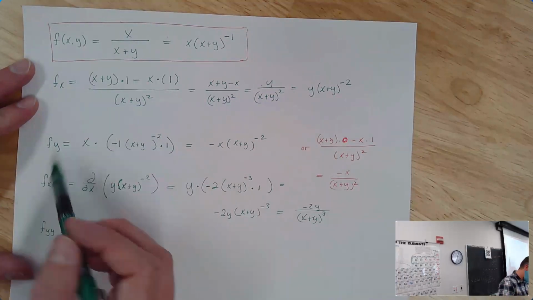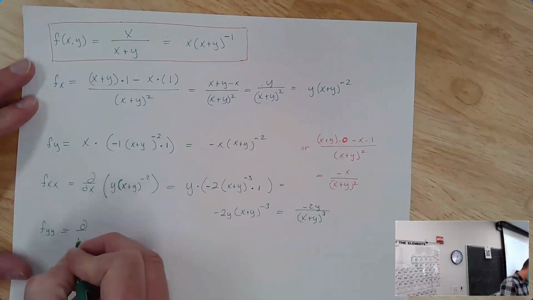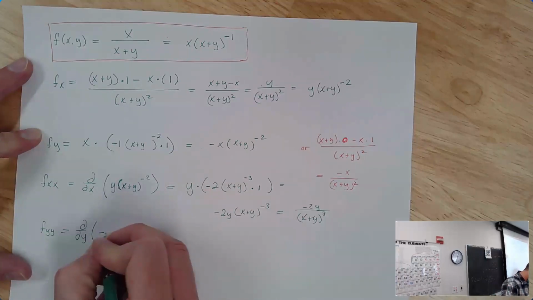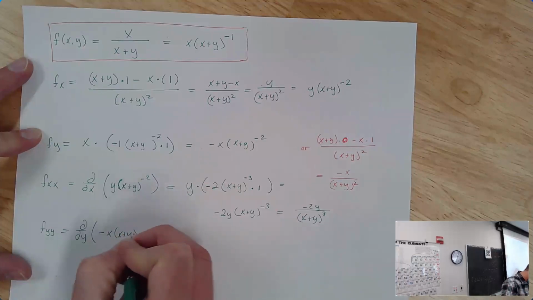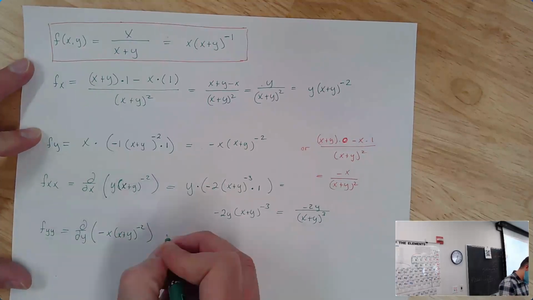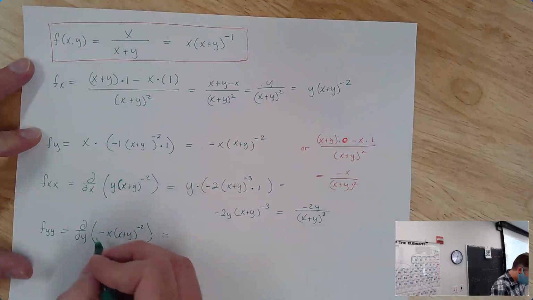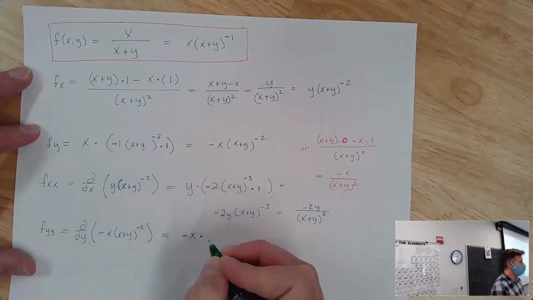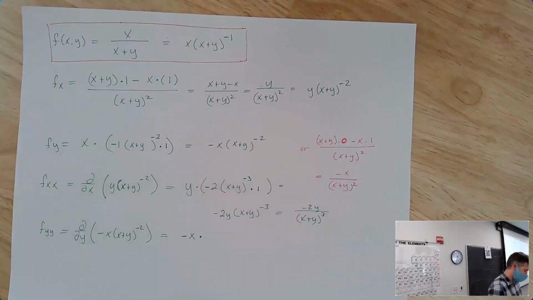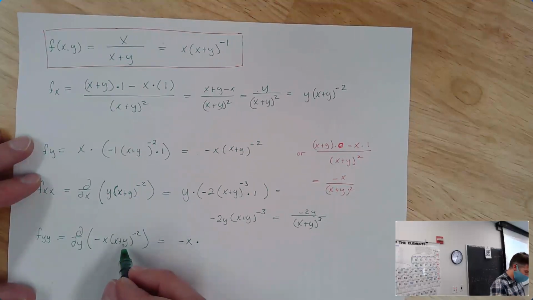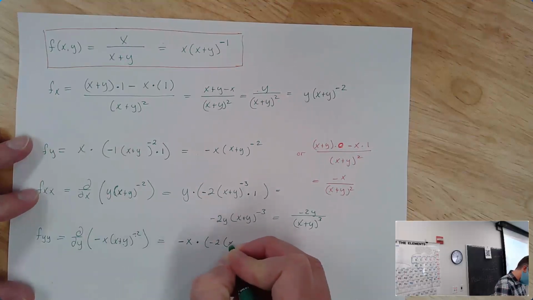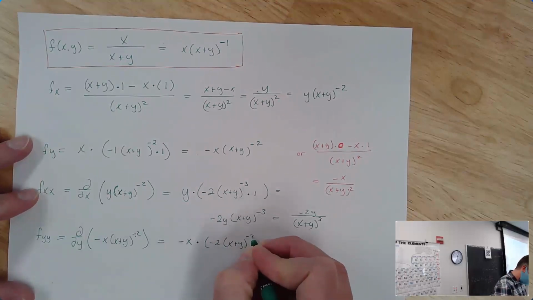Okay, so fyy. We're going to take the derivative with respect to y of the derivative with respect to y. All right, let's see what happens here. Again, this negative x gets to pretend to be a constant and it just hangs out. Constant multiples hang out. The derivative of some stuff to the negative second, once again, is -2 times our stuff to the negative third.